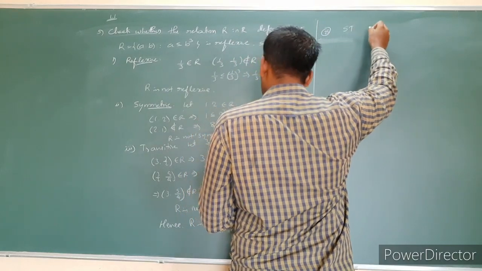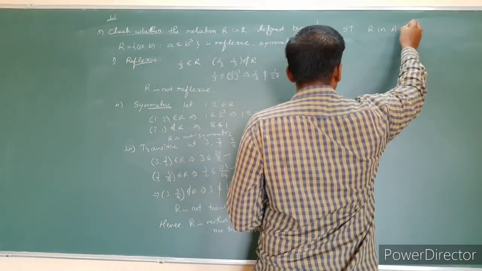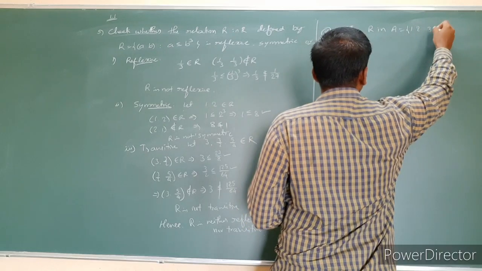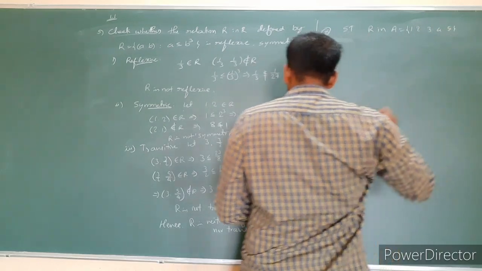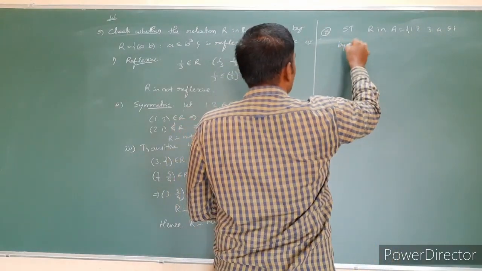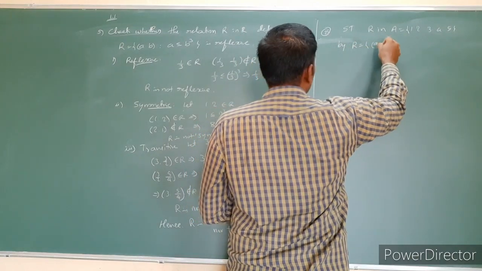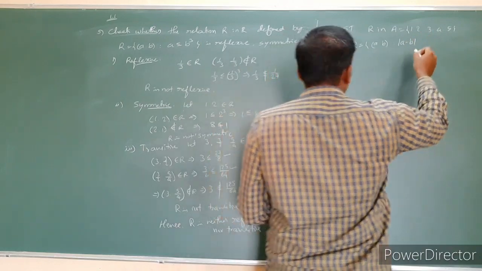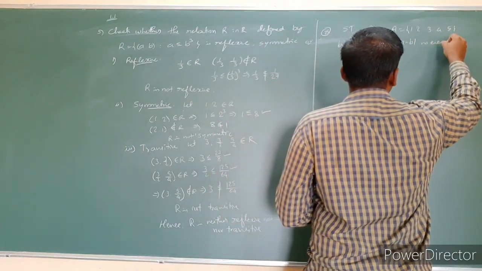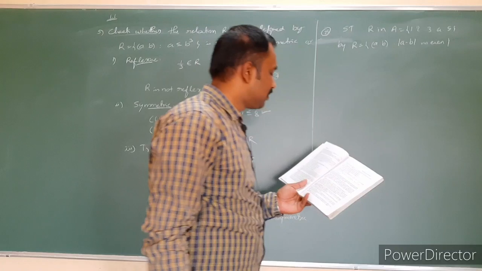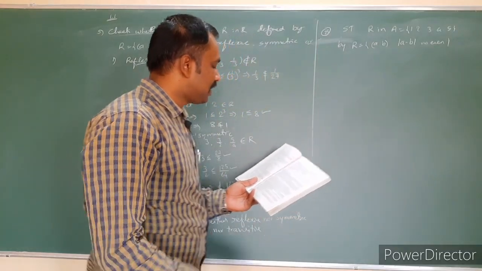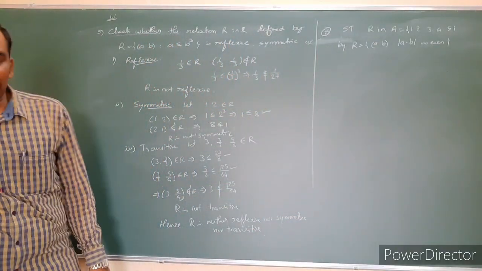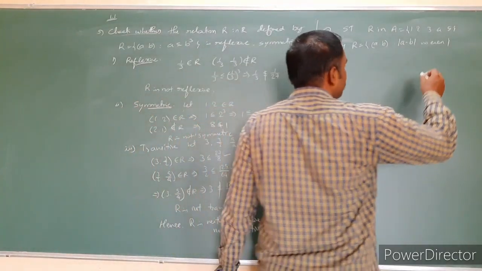Show that the relation R in a set A = {1, 2, 3, 4, 5} given by R = {(a, b) : |a - b| is an even number} is an equivalence relation.